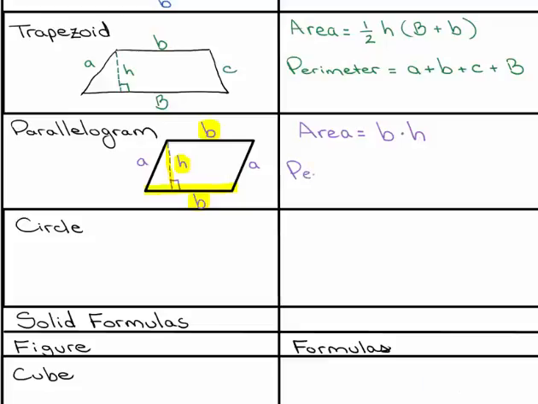Perimeter, we just add up all the sides on the outside, not the height. So that'll be A plus A plus B plus B. Or we could say 2 times A plus 2 times B.